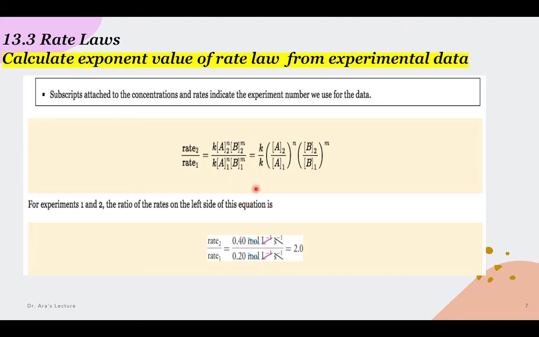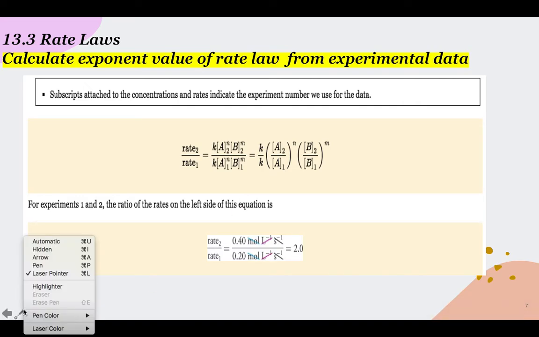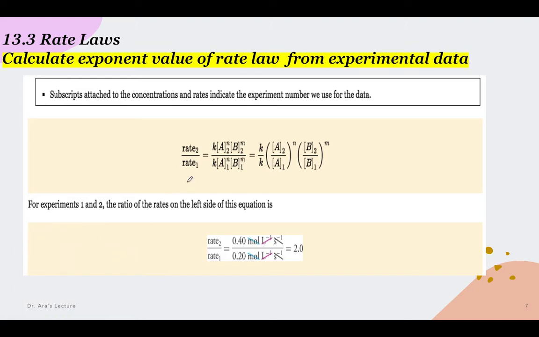Now what we can calculate here, two things we can calculate, and then we will compare and find the n value. For example, here we have the rate of formation of product for rate 2 and the overall rate of formation of product for rate 1.